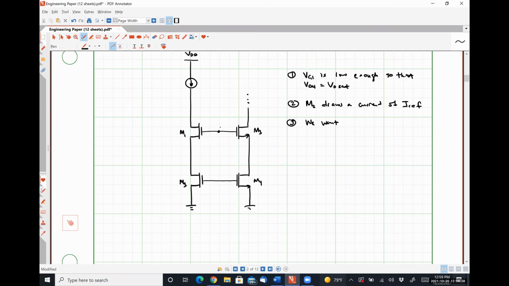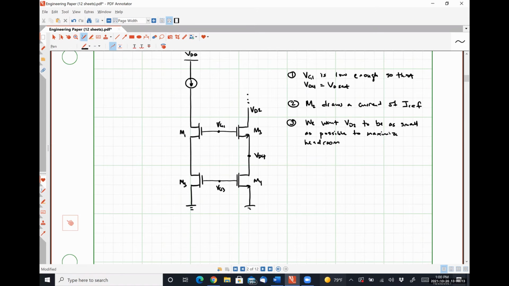Let's call this guy right here G1, this guy right here VG3, this guy VD4, and this guy right here VD2. So we want VD2 to be as small as possible to maximize headroom.